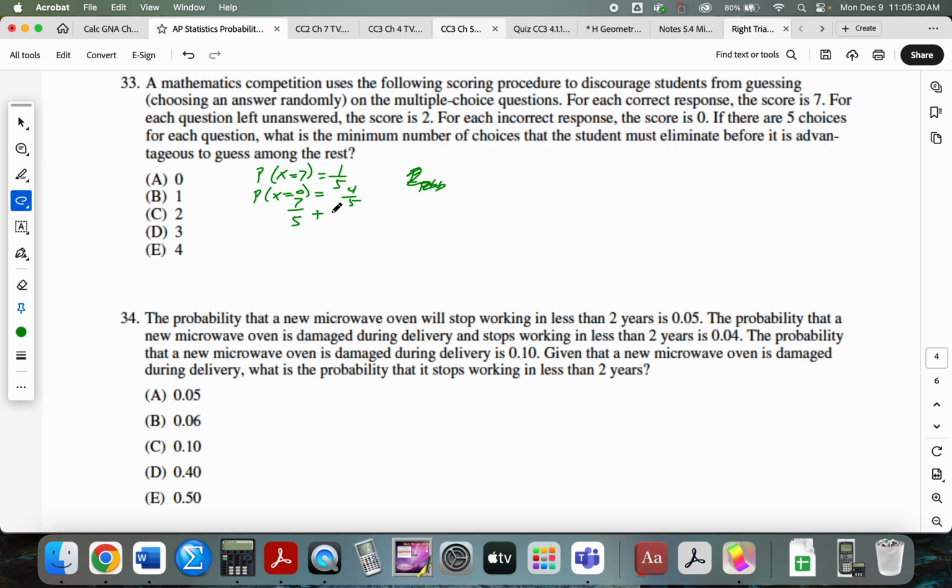You're going to get 0 points. So when we add those, that's 7/5 of a point. That's less than the 2 points you would get if you just left it blank.